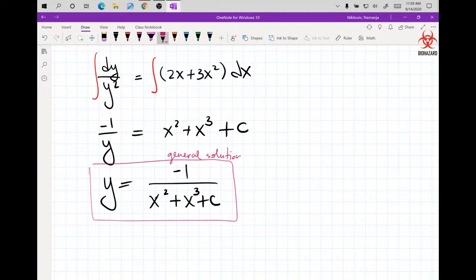This is what we practiced last time, general versus particular. But we do now have y of 1 equals negative 1, which is a point, which means x is 1 and y is negative 1.